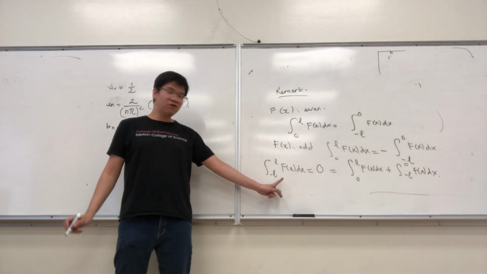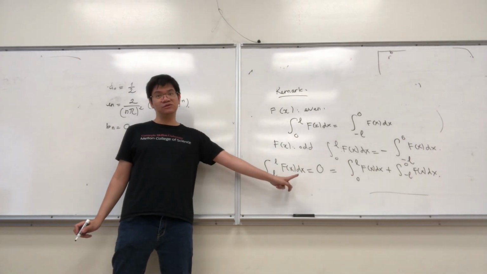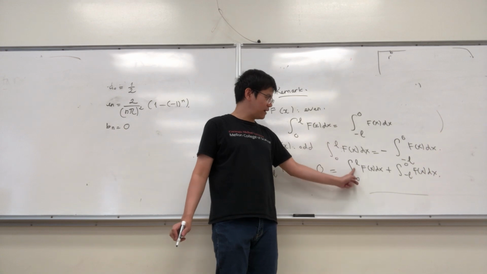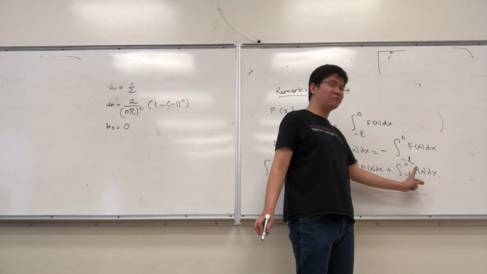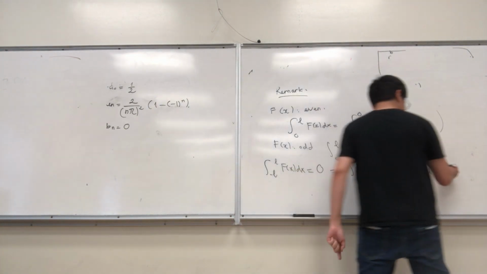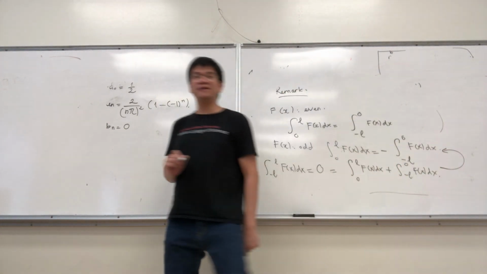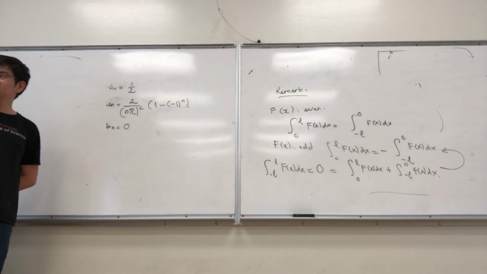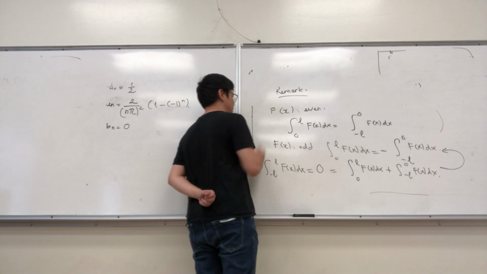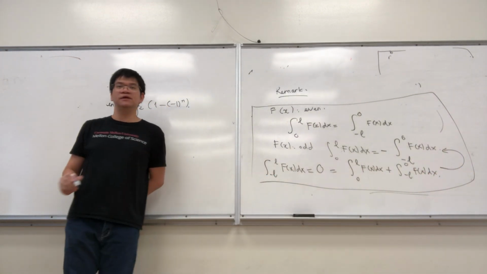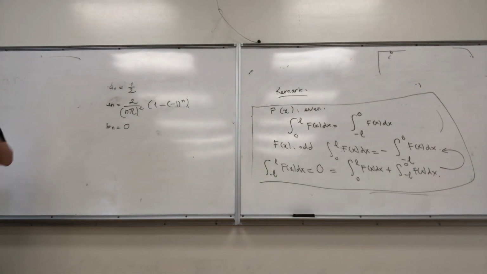So when f is odd, the whole integral from -L to L will be 0, and this means that one is minus the other. Is it clear? So these are the things that we have to check first, before computing anything. Questions? Is it clear?